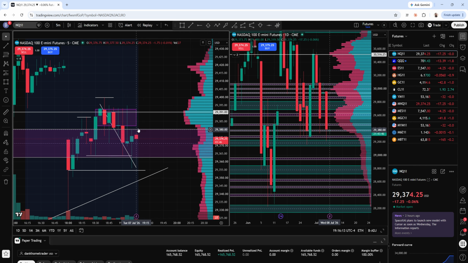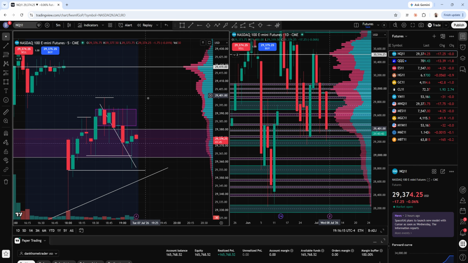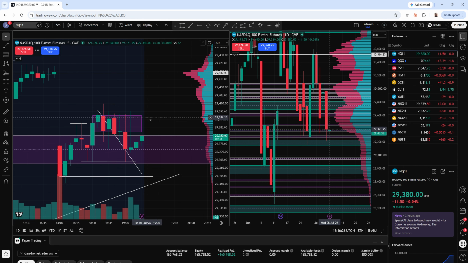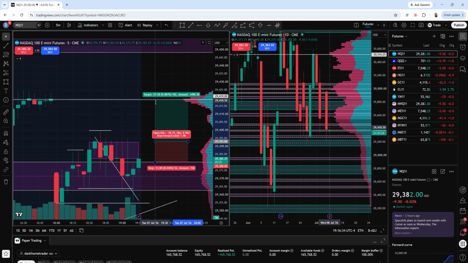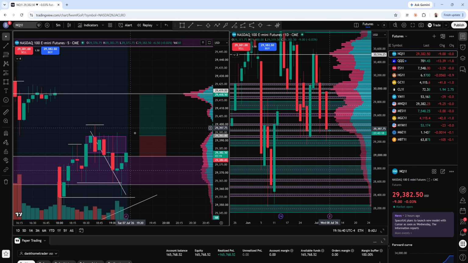But if price can accept back in this range and then find a way through it, then yes, I might have missed this part of the move, but I could take a long from here and set my stops at the level of consolidation and still have the same target, and I've got a 1 to 2 risk to reward on this entry. So there's still room in here for this trade.